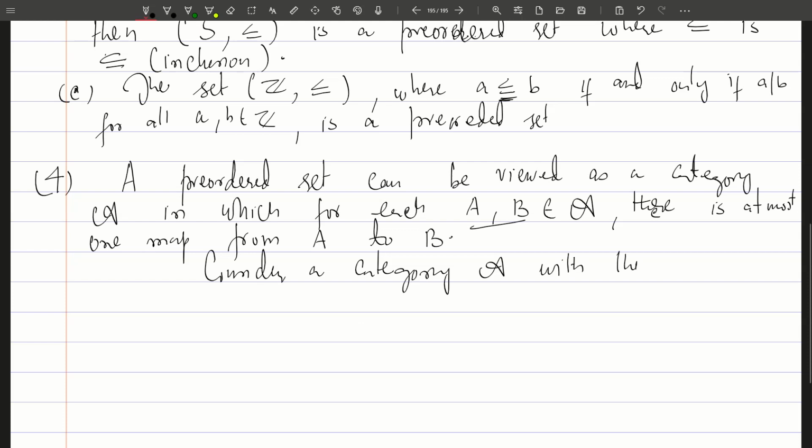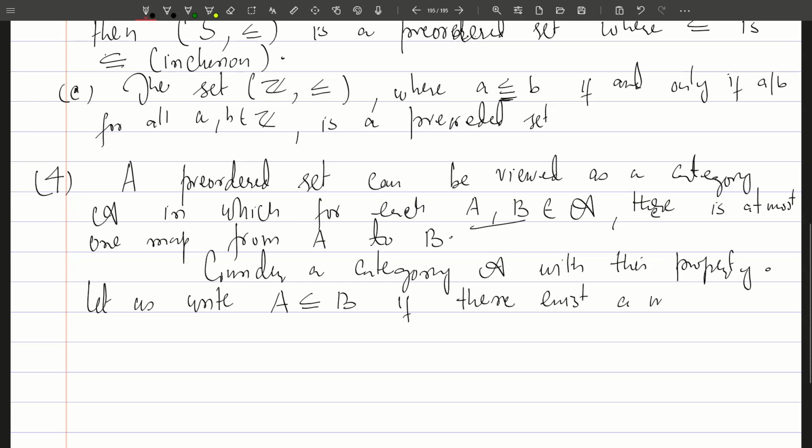With this property, let us write A is less or equal to B if there exists a map from A to B, for all objects A and B in the category.